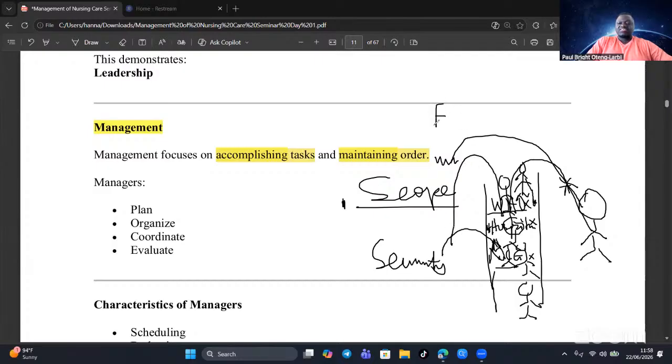You work in the ER, they've brought a patient who has taken a lot of alcohol and is causing serious issues on the ward, destroying things, breaking glasses and all those things. You call the security to bring the patient to the scope because the hospital policy does not allow that. Okay, that is management. That is management.